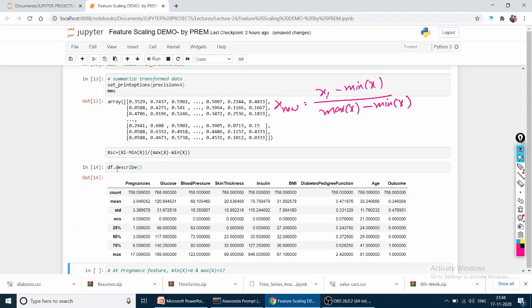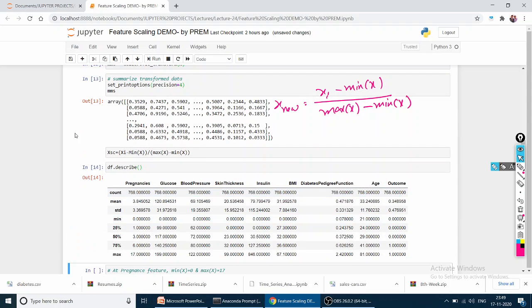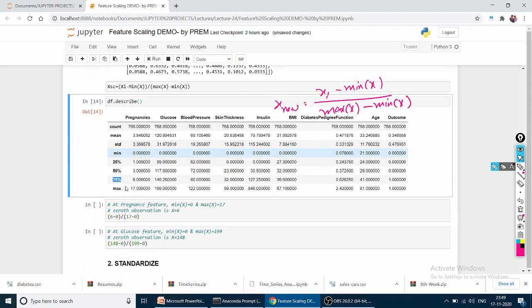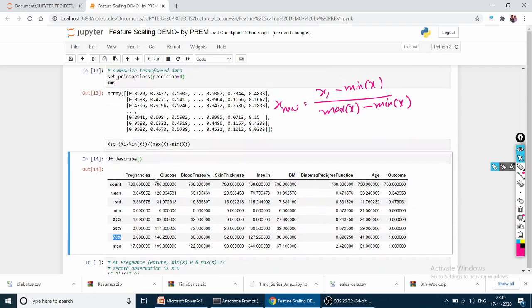If you apply df.describe, this function gives the statistical information of the dataset. What is the statistical information? The count, how many observations: 768 observations. The mean value, the standard deviation, the minimum, the maximum, and the 25th, 50th and 75th percentiles.